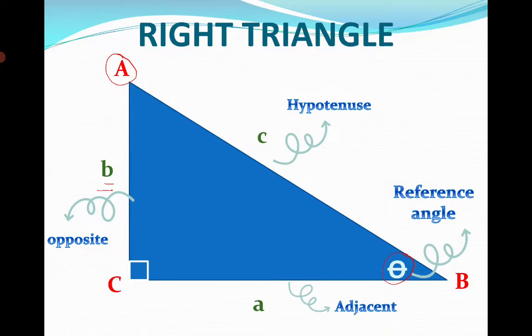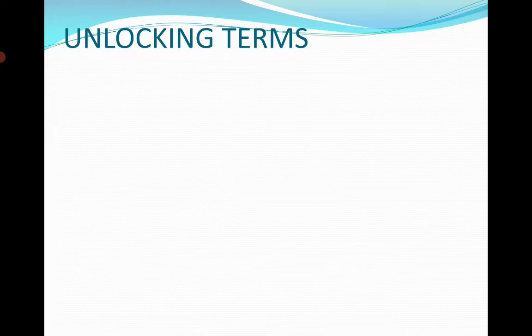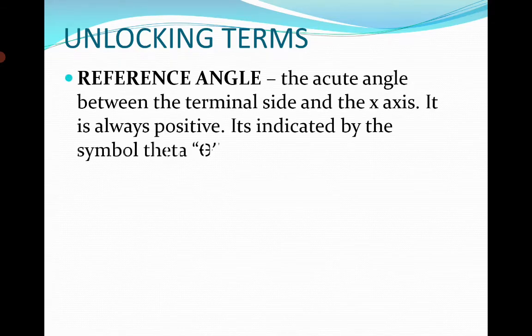So, let us unlock the terms. So, these are the definitions of the parts of the triangle. So, reference angle, this is the acute angle. When we say acute angle, these are angles that are less than 90 degrees between the terminal side and the x-axis. It is always positive and it is indicated by the symbol theta.